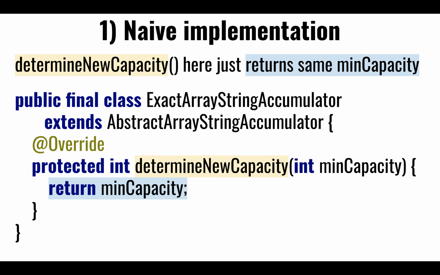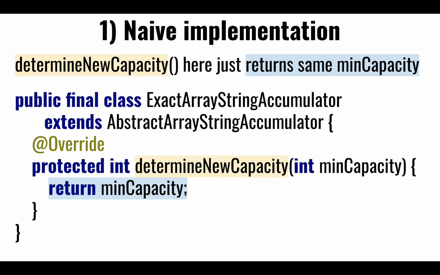So if I have 10 characters and I'm already filled up in an array of 10 characters, and I need to concatenate an additional character, meaning I'm going to have to be of size at least 11, it's going to come back and say, well, yeah, that's exactly how much you need. You need 11. And so resize is going to look at the 2 comparisons and say, well, how big do I have? It's 10, and how much do I need? 11. I need to resize.